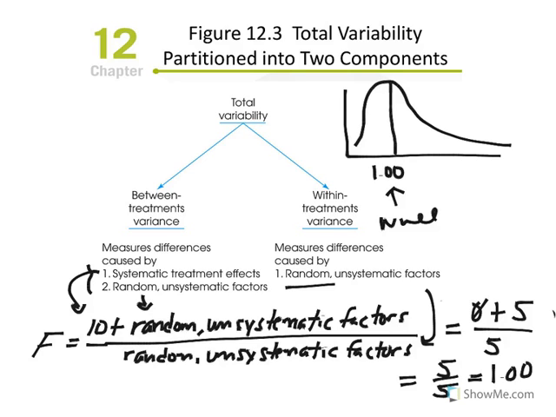And again, we'll still use the 5 as representing the random unsystematic factors. Previously they would be equal when we look at the numerator and the denominator. So now instead, let's say this is now equal to 10.